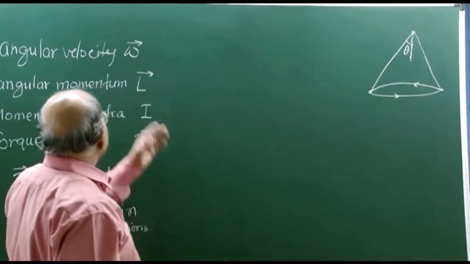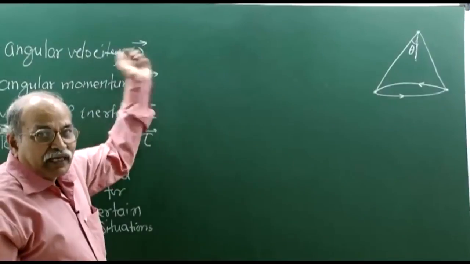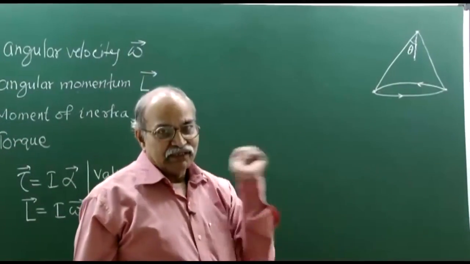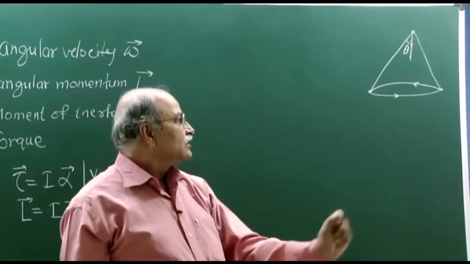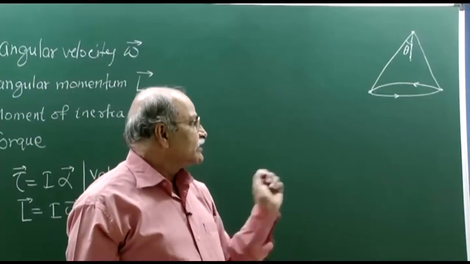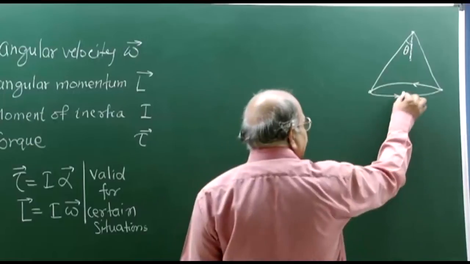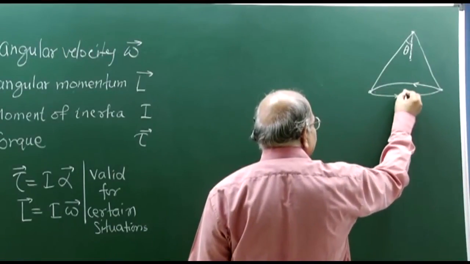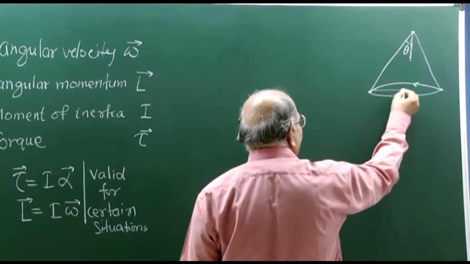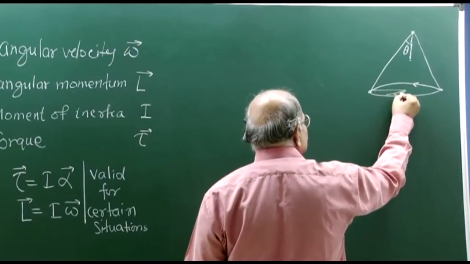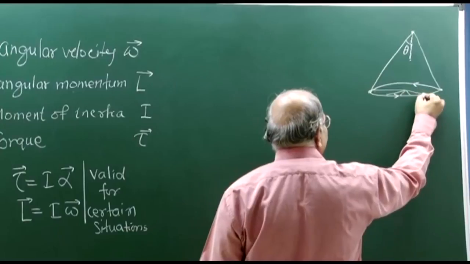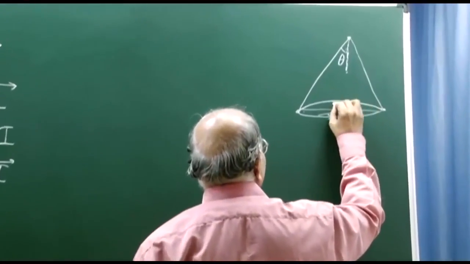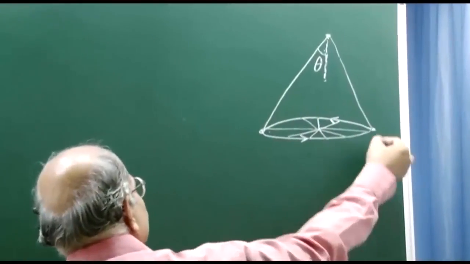So, first let us see what the angular velocity omega is. The magnitude depends on how fast I am moving it. In one rotation, the angle rotated is 2 pi. So, you can take the center of the circle, and from here you can connect this ball. So, the ball moves and the angle changes. It is going like this in this circle.